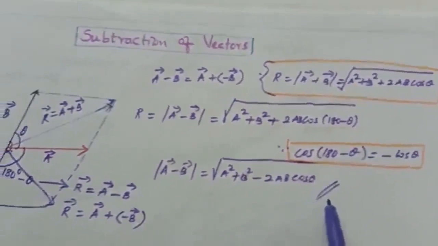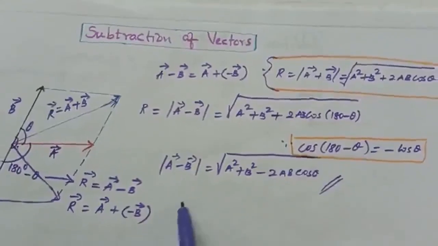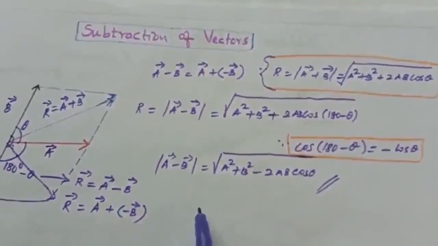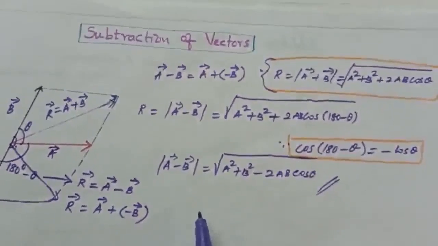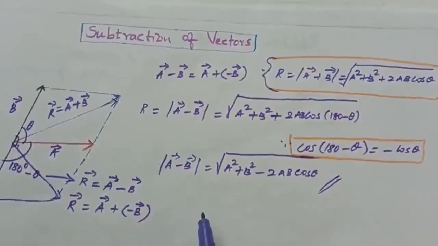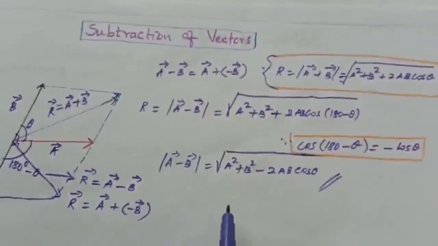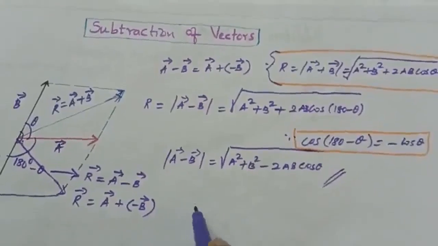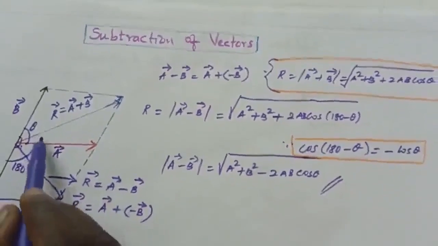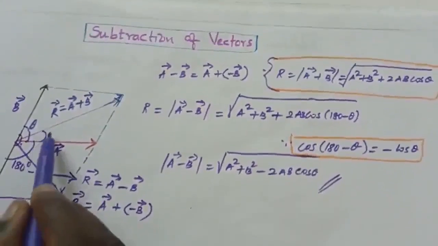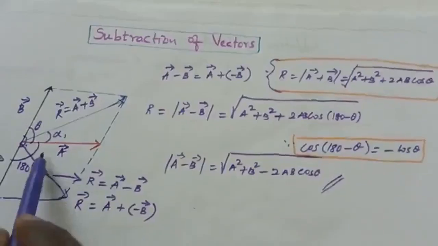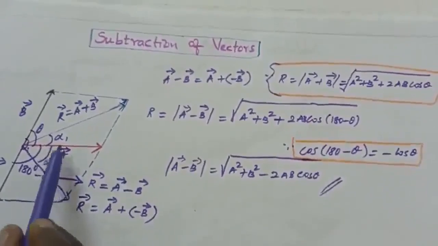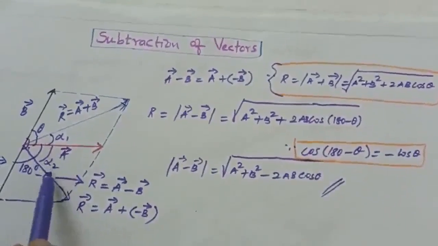Are you clear? Okay. Then calculate the direction of the subtraction of two vectors. Already you know the direction for the triangle law: tan alpha is equal to B sin theta divided by A plus B cos theta. So now using this angle, the positive direction is angle alpha 1 and the negative direction is angle alpha 2. Now we can calculate the angle alpha 2.